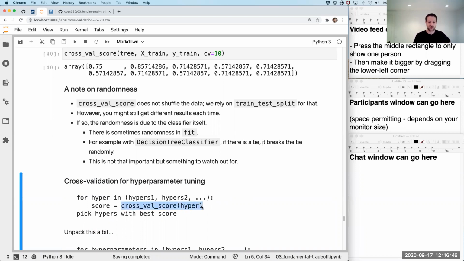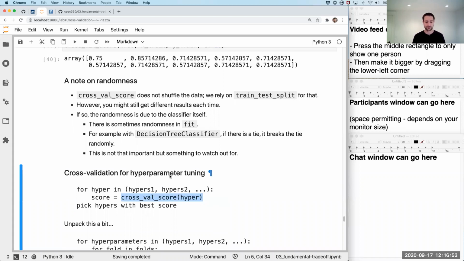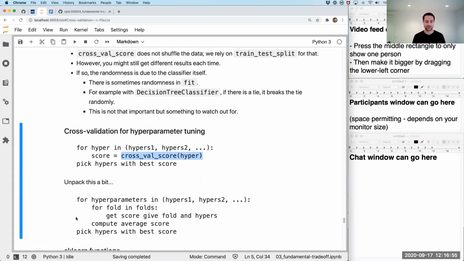Cross-val score is basically going to give you an assessment of how good is that? And then when you're done, you can pick the best one. Under the hood, there's an inner loop that's looping over those 5 folds, or however many folds you have. But cross-val score is taking care of that inner loop for you, so you don't really need to worry about it.